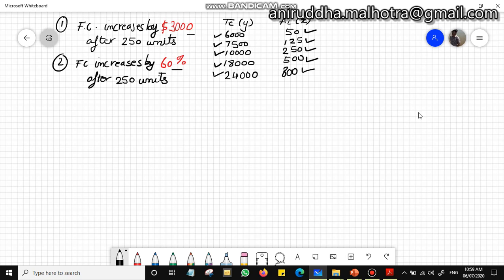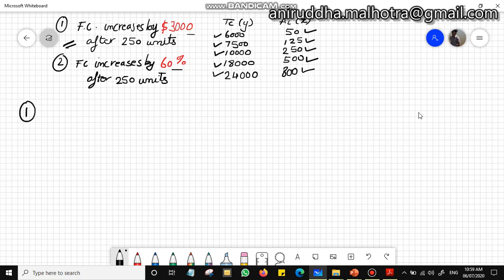Right now, we'll stick to the first scenario where your fixed cost increases by an absolute amount, that is $3,000. You have 2 ways to use the high-low method over here in order to calculate B.